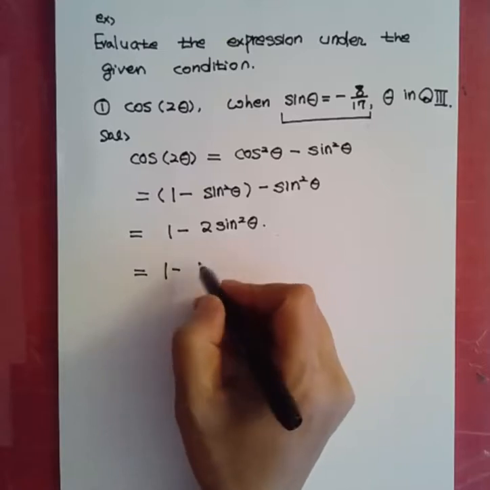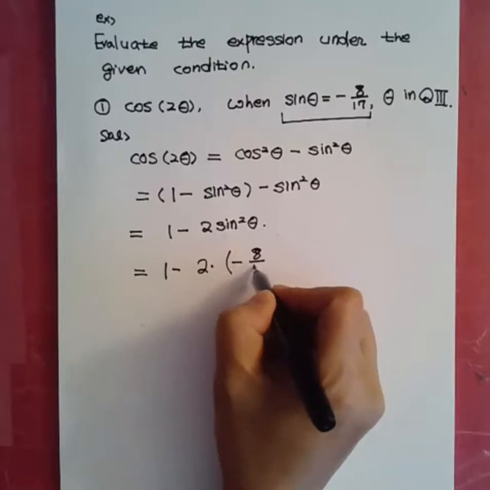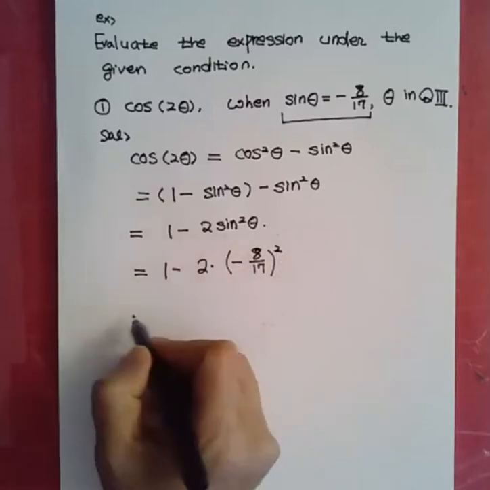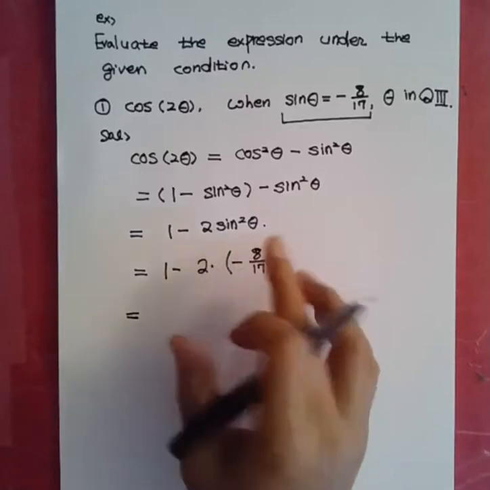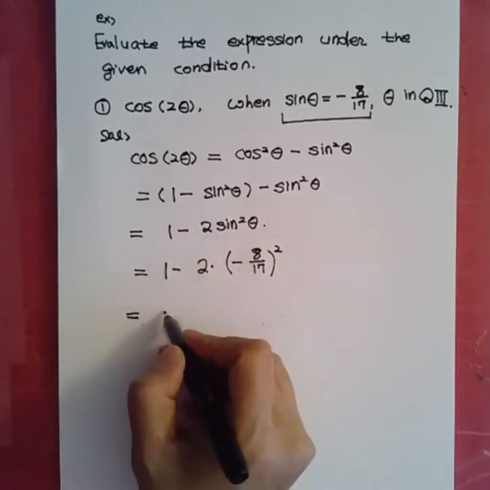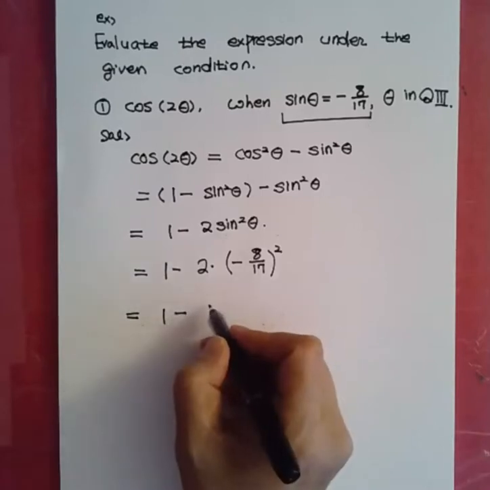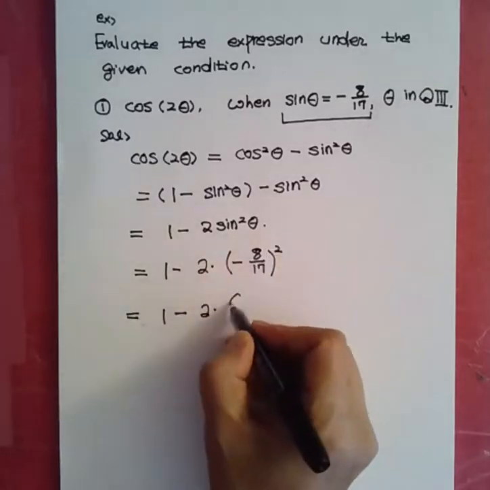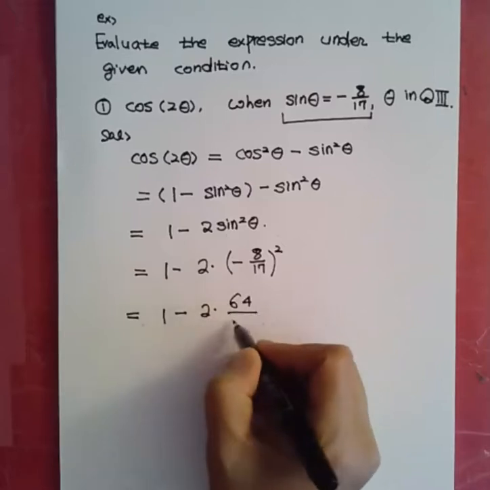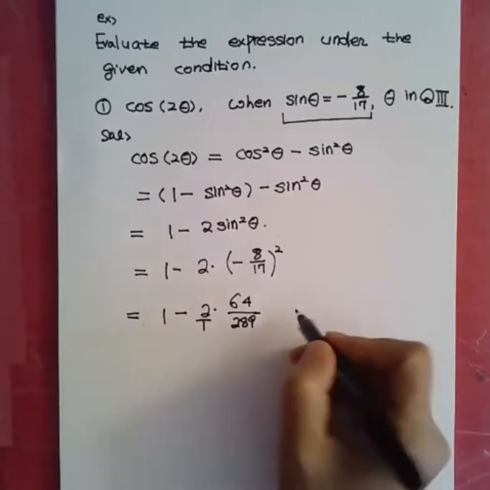So we have 1 minus 2 times minus 18 over 17 squared. We can ignore this minus because we have to square. So 1 minus 2 times this fraction squared will give us 64 over 289. 2 is 2 over 1.